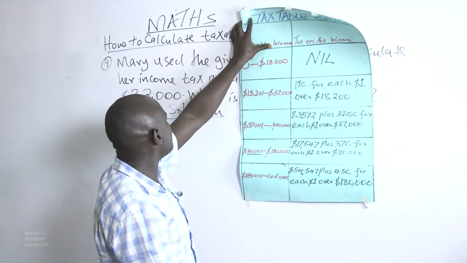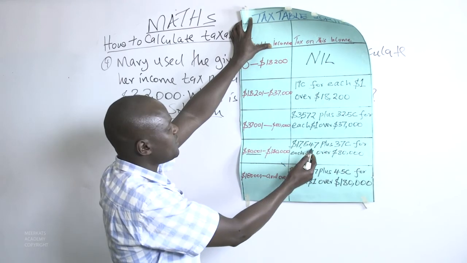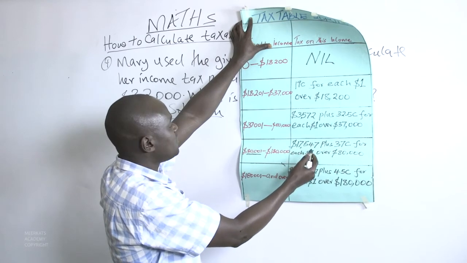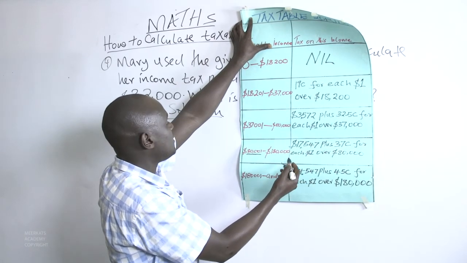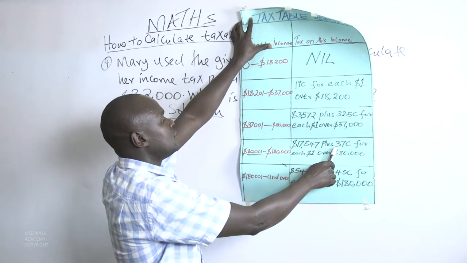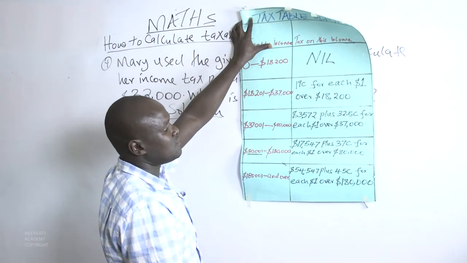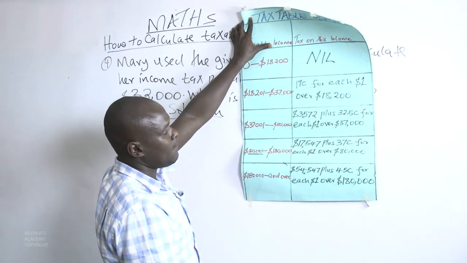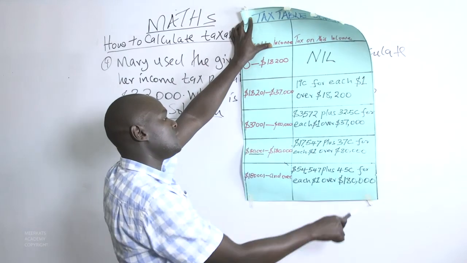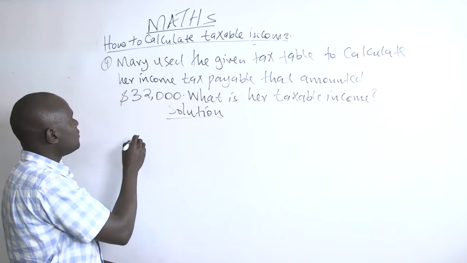And what we have is $32,000. So we know if we subtract $17,547 from that, whatever remains will be accounted for by this particular factor of 37 cents for every dollar above 80,000.